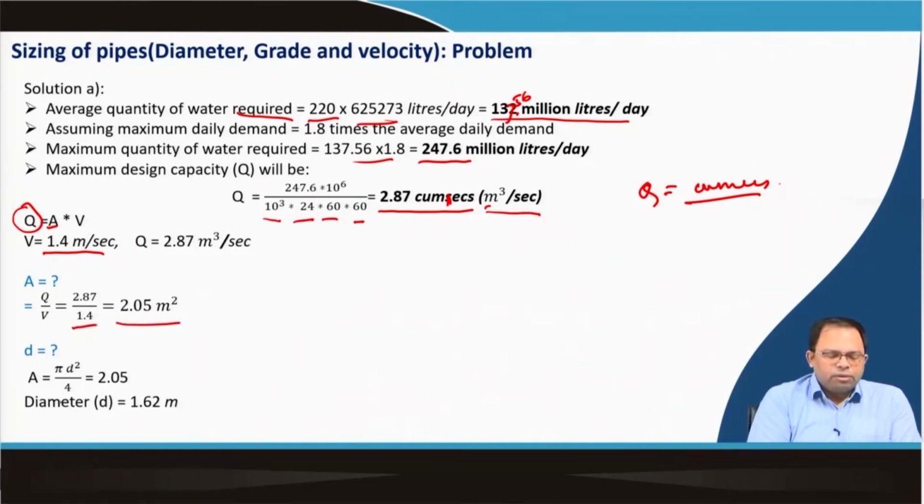A is pi d square by 4, equal to 2.05 meter square. Solving for D, we get around 1.62 meter. This is the diameter of the pipeline that we have to choose to supply water at a velocity of 1.4 meter per second for this particular town.